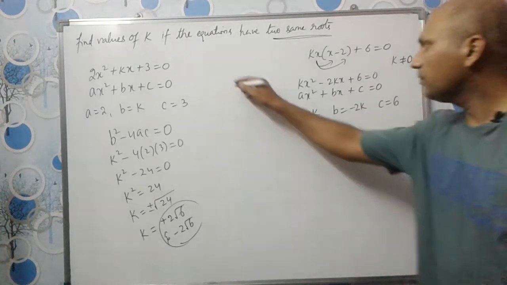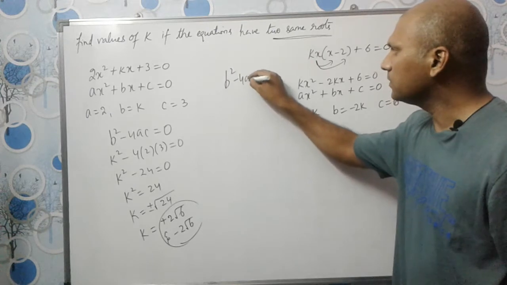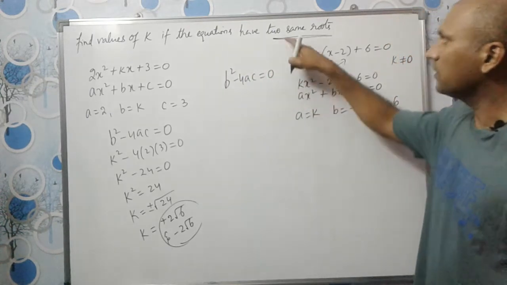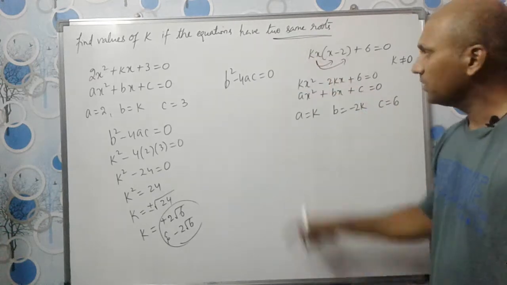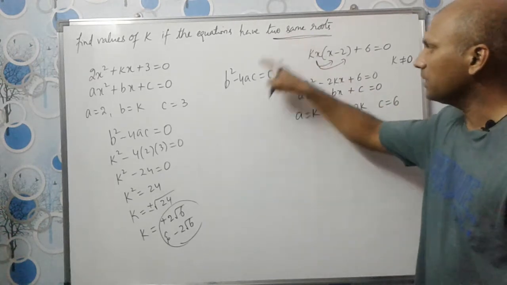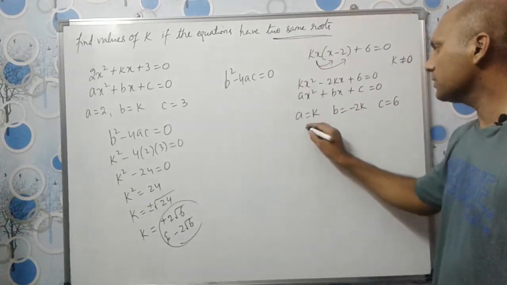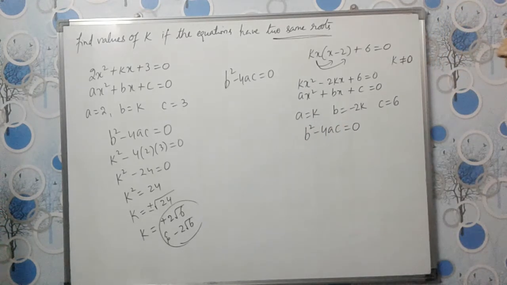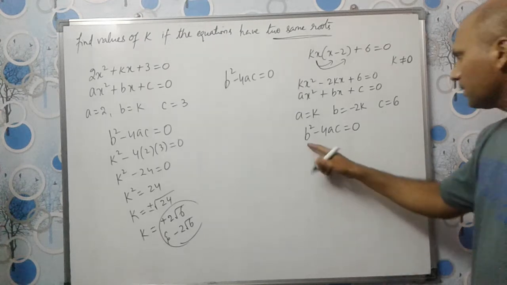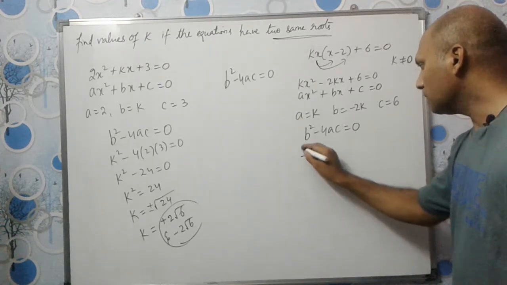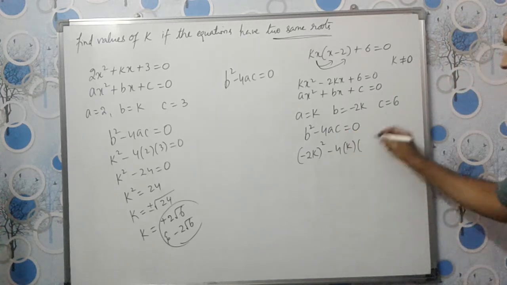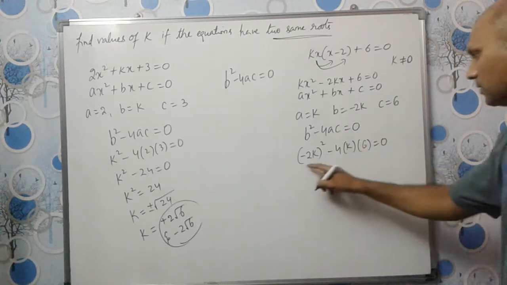We need to compare the discriminant with 0, because two same roots are given. When the roots are same, b square minus 4ac will be equal to 0. So this is minus 2k whole square minus 4 into k into 6 is equal to 0.